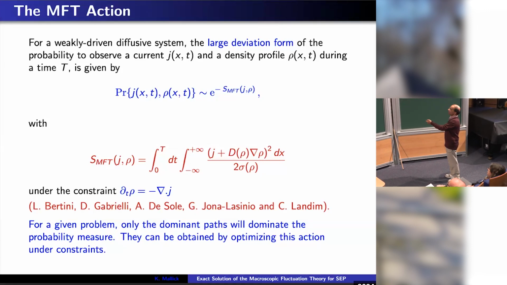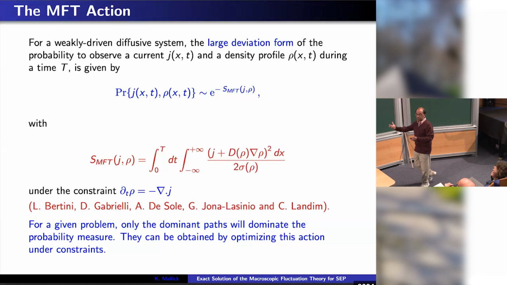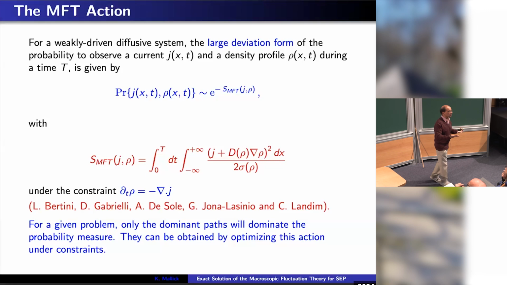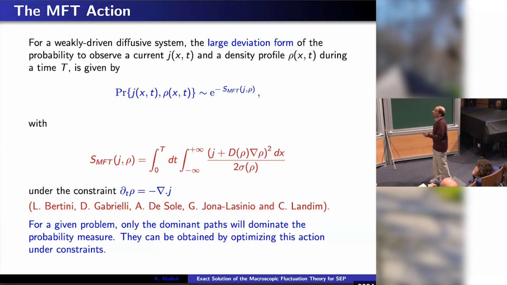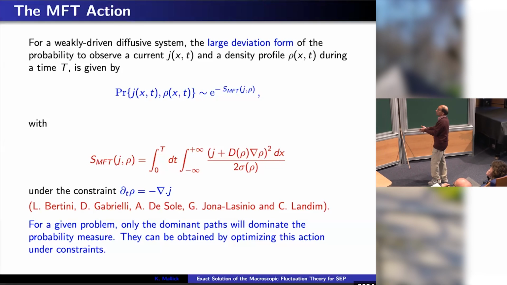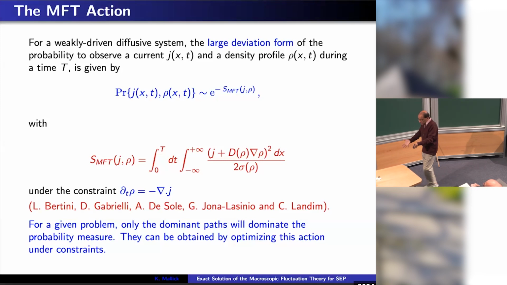And now if you look at the long time limit and large space limit of this problem, it's again quite natural to imagine, since this is a kind of path integral, that only the optimal path, the one that minimizes this action, will contribute to my measure. So what we have to do now is, we are back to a very mechanical problem.